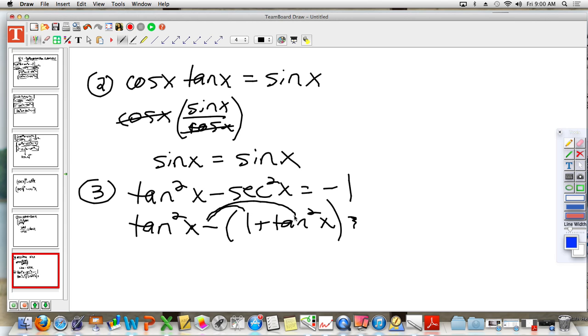In other words, I'm just distributing a negative in. That shouldn't be a big deal. So we have the tangent squared of x minus 1 minus the tangent squared of x. Are you okay with what I just did? The tangent squared of x and the minus tangent squared of x cancel right out. What are you left with? You're left with a -1, and isn't that what you wanted?